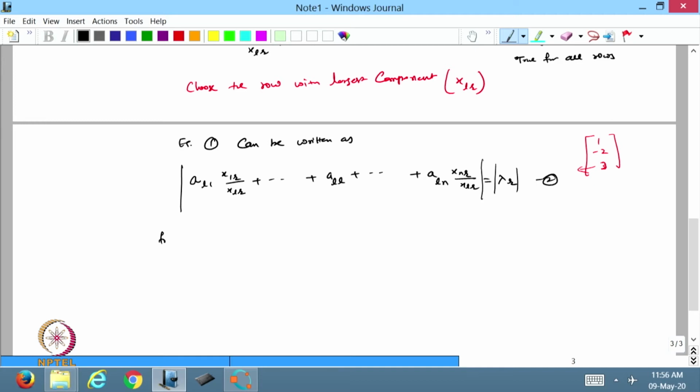Now, from equation 2 we can write that modulus of λ_r is less than or equal to a_l1... or maybe I can take from here. Before taking the modulus value, I will take this component on the right hand side.